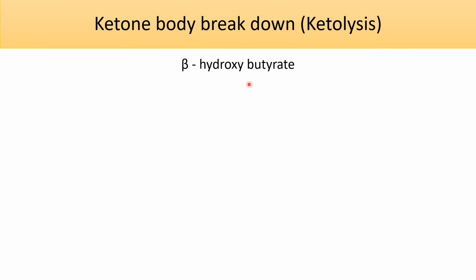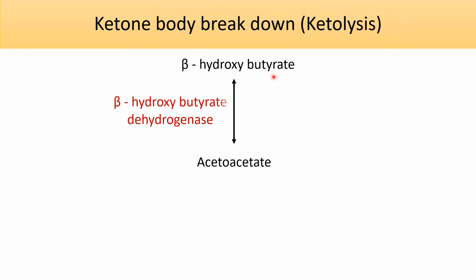So in ketogenesis, we saw acetoacetate will undergo hydrogenation to form beta hydroxybutyrate, and it's a reversible reaction. So to convert beta hydroxybutyrate to acetoacetate, I have to dehydrogenate. So the name of the enzyme is beta hydroxybutyrate dehydrogenase. We are removing the hydrogen that will be transferred to NAD, resulting in formation of NADH2.